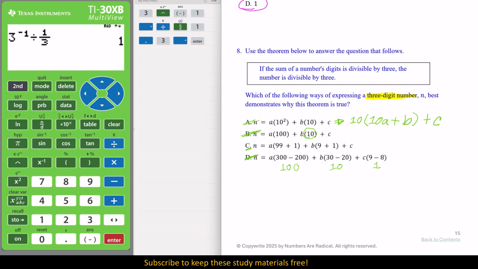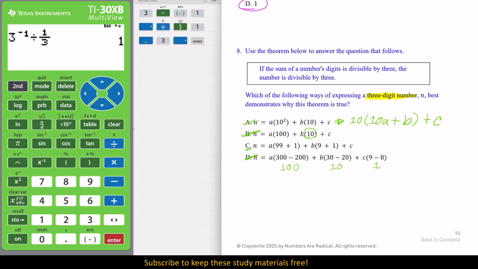Now, before we do that, I'm going to look at the theorem, and I'm going to do a little side note here. They said the sum of the number's digits is divisible by 3. So if we look at it like this, let's not talk about the 3-digit number. Let's just talk about a 2-digit number to simplify this.